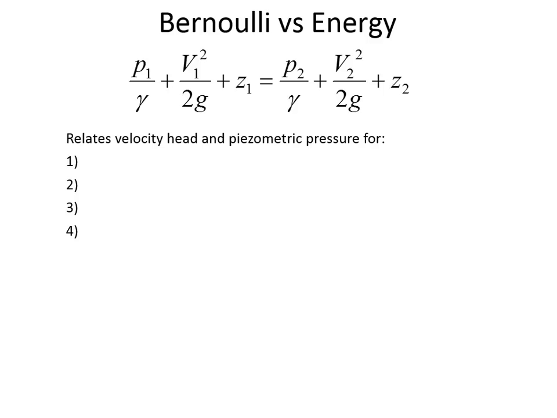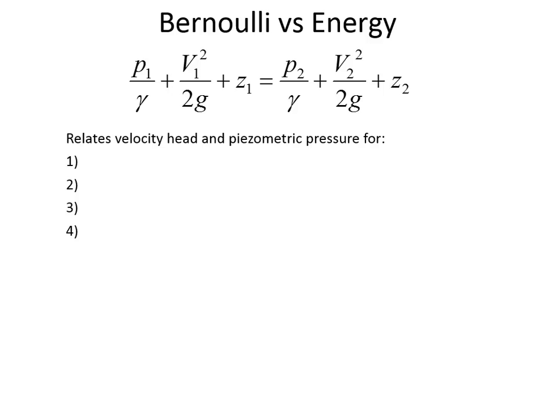And what we observed with that experiment, with a series of piezometers that were tapped in, we watched the pressure in the system start off high and decrease and then go back up again. And why did the piezometric pressure decrease? Is because the velocity increased through the throat section. Velocity goes up, pressure goes down.